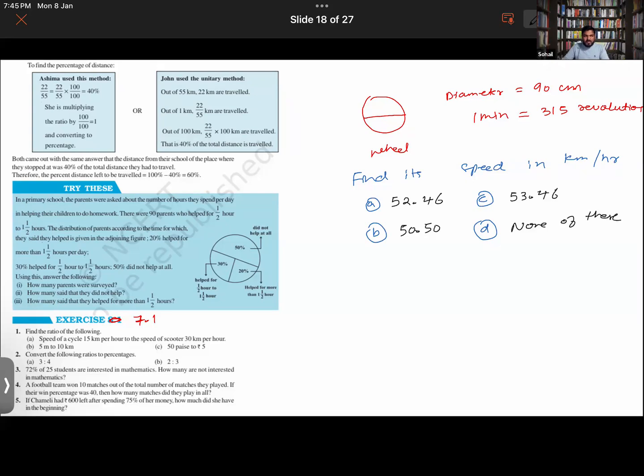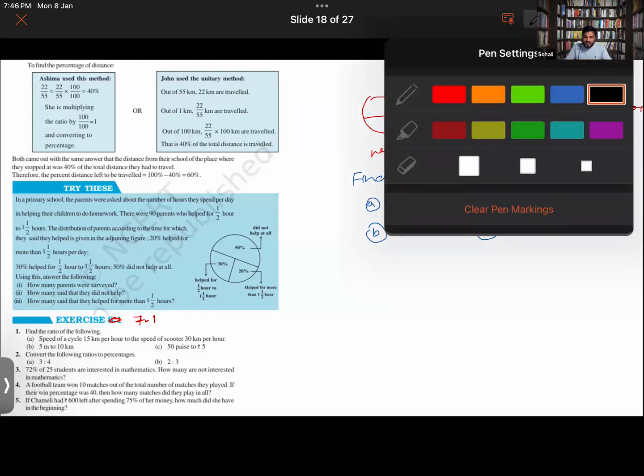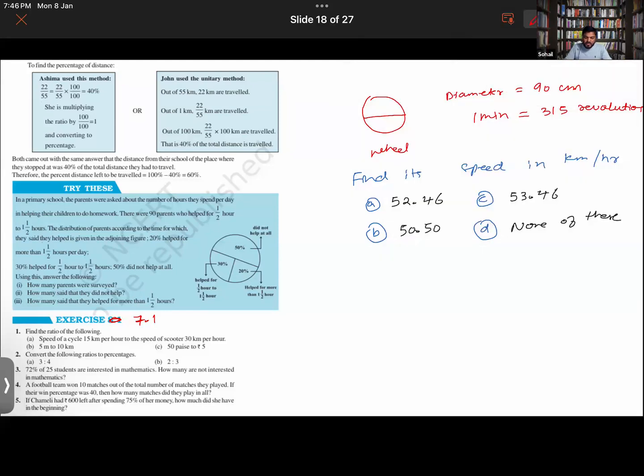So would anyone like to give it a try? Any idea? What clicks in your mind, what should be done here? So one revolution should be 2 pi r. Exactly. One complete revolution done by this wheel will be simply its circumference. Everyone got this? Yes, sir. And we would multiply it by 315.